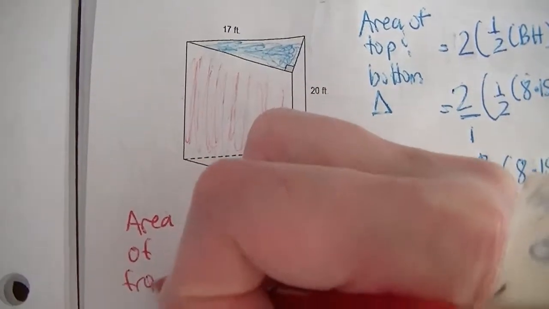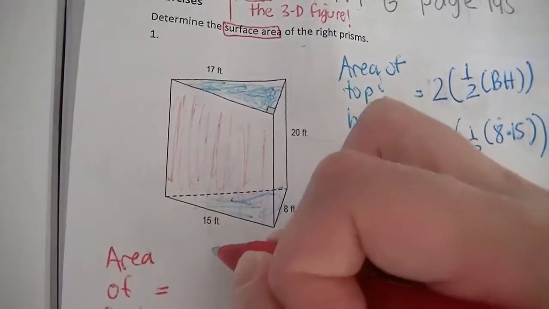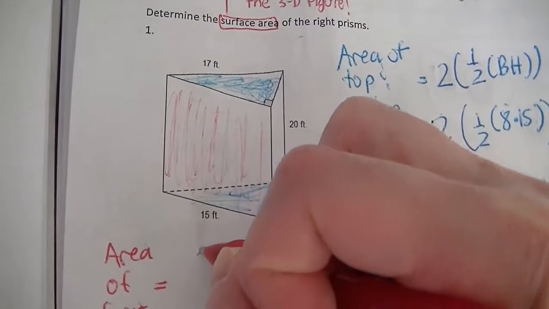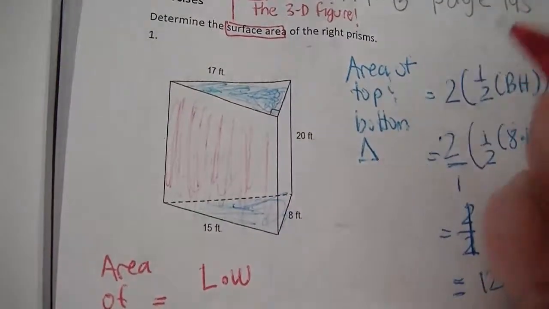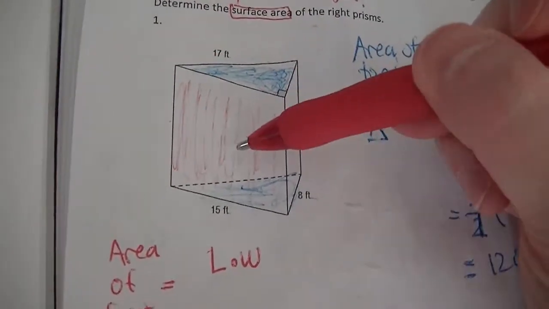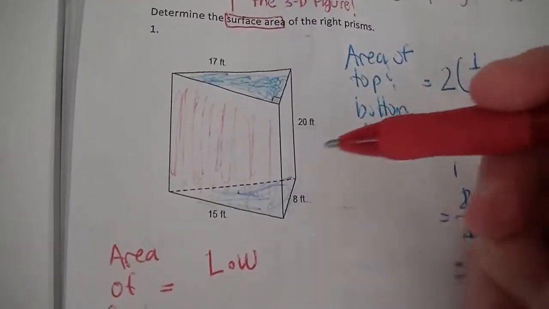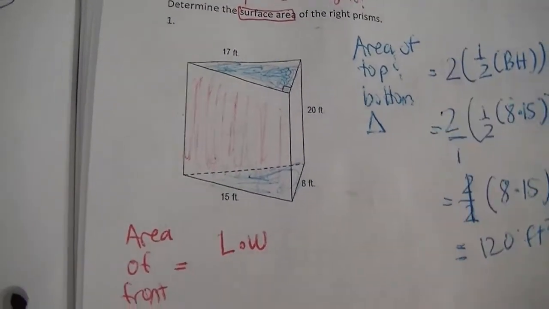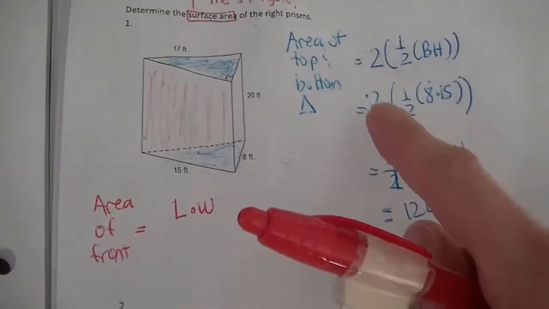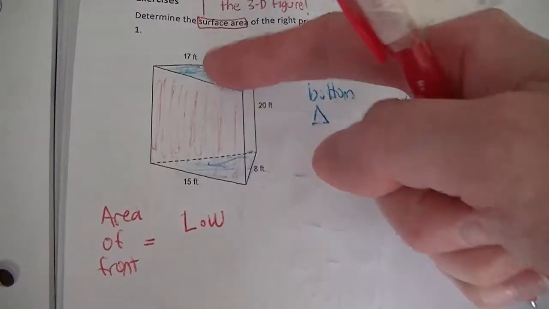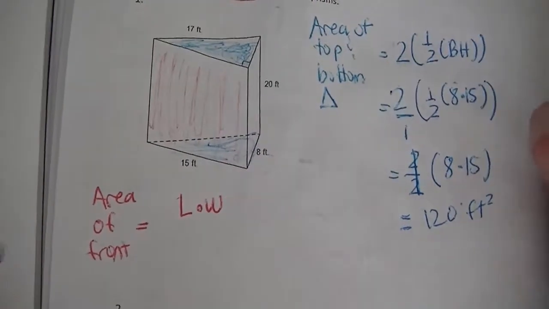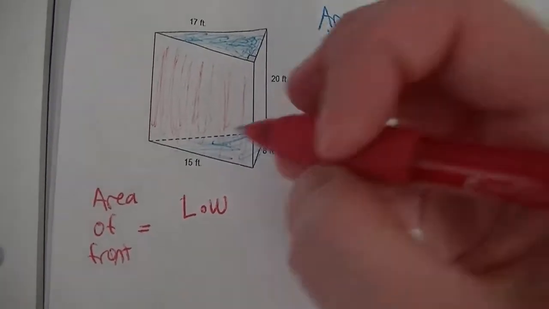Area of the front, and that's just length times width. And you'll notice I'm not going to multiply that by 2 because the back right there has different dimensions, and this right here on the side has different dimensions. So don't multiply it by 2. You only multiply it by 2 if there are 2 of the faces that are exactly the same, okay? So don't get tricked right there.